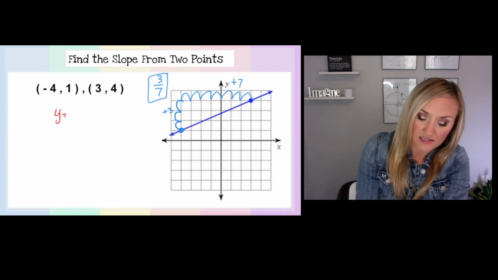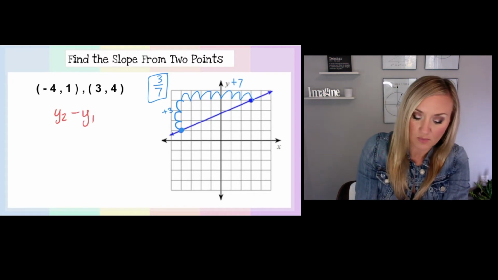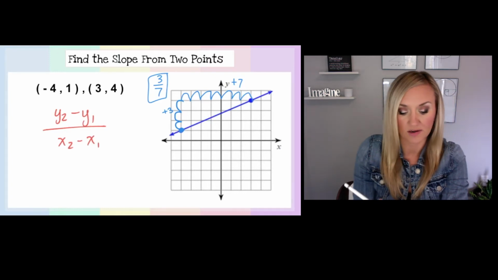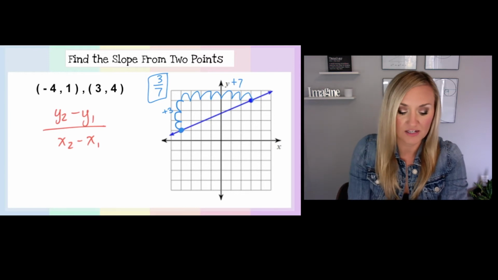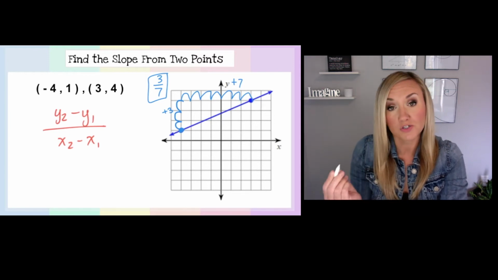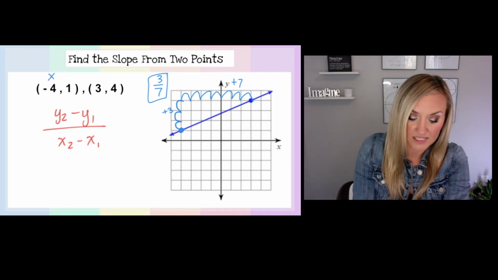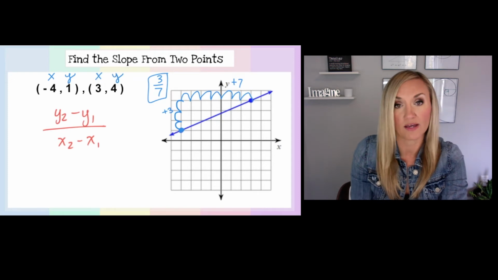And it is y sub 2, a little 2 to the right, minus y sub 1 over x sub 2 minus x sub 1. That little sub 2 or sub 1 just indicates the first y or the second y. If you take a look at our coordinate point, isn't this an x and y? And this one is also an x and a y.